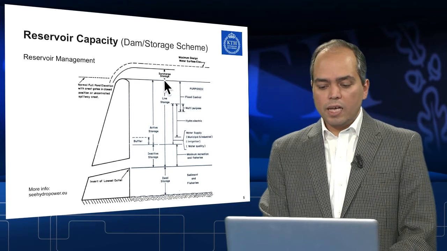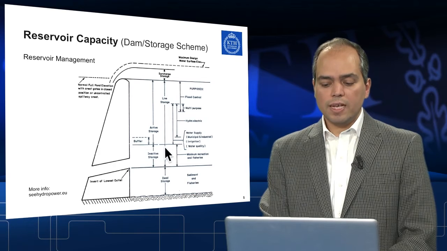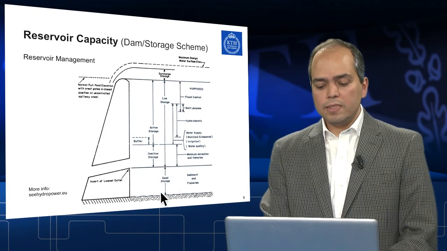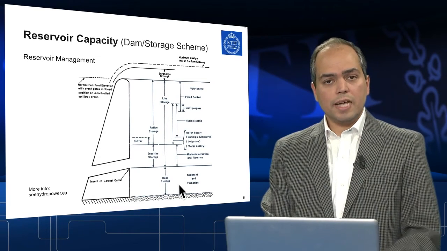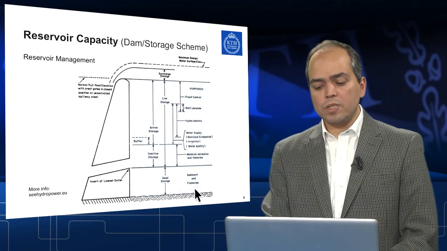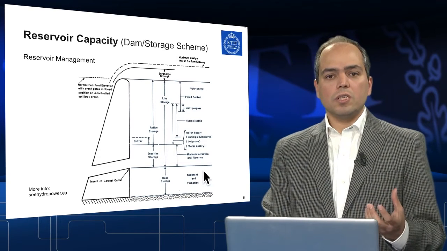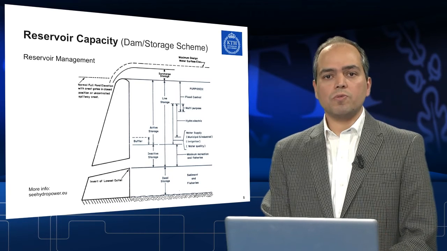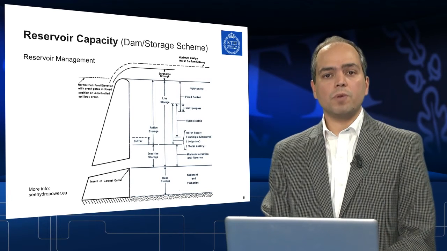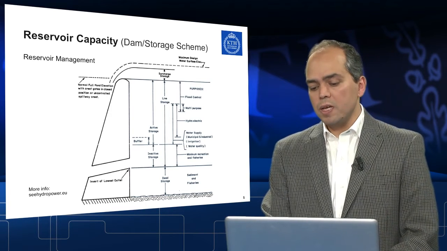So this is the live storage portion of the dam, and then the dead storage. The dead storage is that part of a dam, or elevation of the dam, which is considered for sedimentation or for fisheries. This is the minimum level of water that should be there for fisheries.